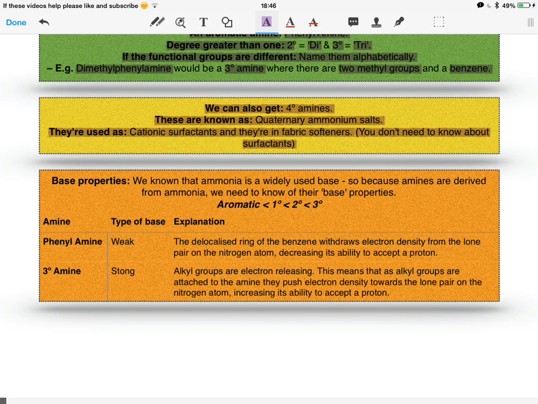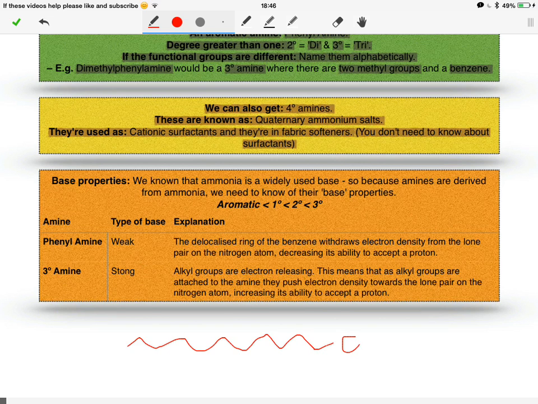So just to understand what a cationic surfactant is, a surfactant is a long chain which is partly soluble and partly insoluble, and they normally look like this, and that's a skeleton formula, and then this part will be the soluble part.